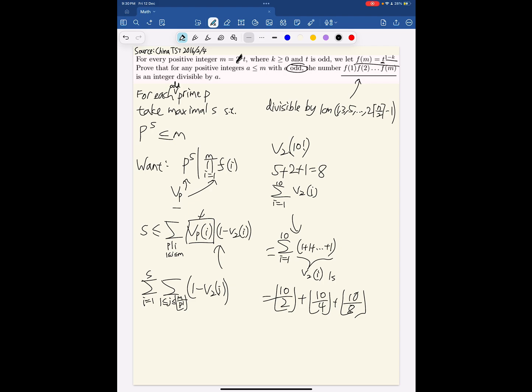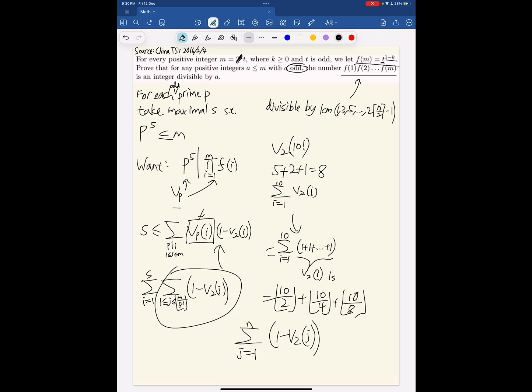So basically what we're doing is we're dividing all of the valid j's by p to the I, and since that doesn't affect v2, we're still good. Now our aim is actually to calculate this thing, which is basically to calculate the sum from j equals 1 to some integer, I'll use n, of 1 minus v2 of j.